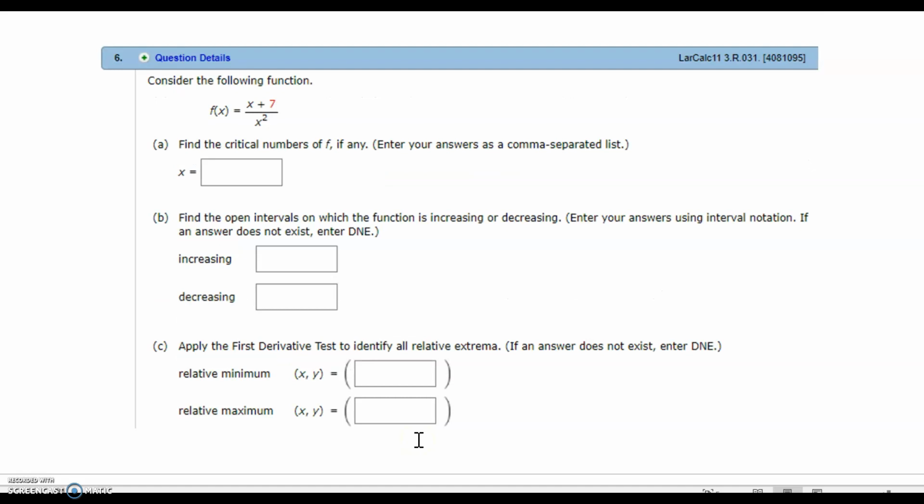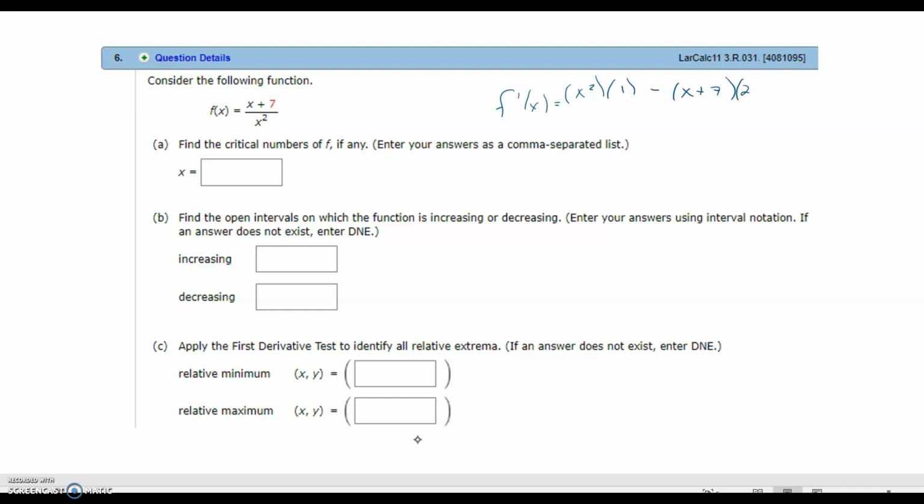Okay, same question, first derivative test. So f prime of x is denominator times derivative of the numerator minus numerator times derivative of the denominator all over the denominator squared, and then up top I get x squared.